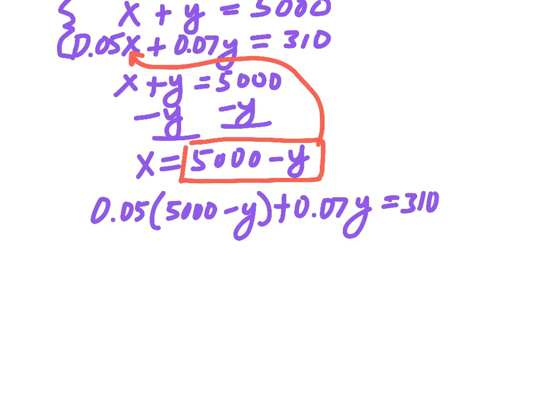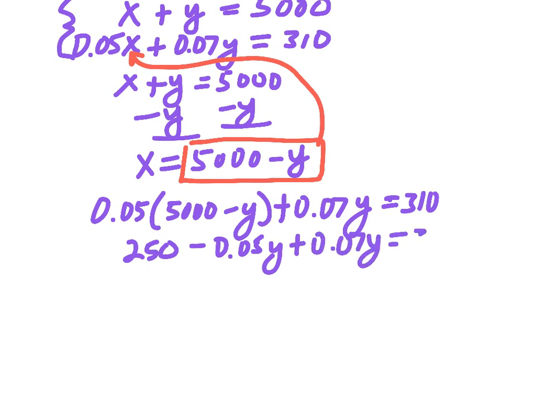And so 1% of 5,000 is 50, so I'm going to have 5 times that, so $250 would be 5% of 5,000, minus 0.05y plus 0.07y equals 310, and then that leaves me with 250 plus 0.02y that will equal 310.